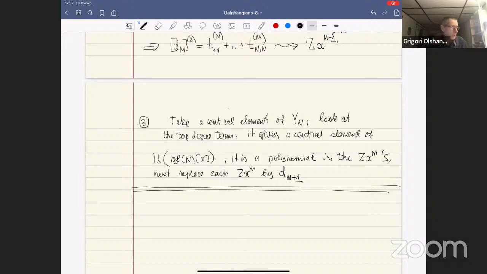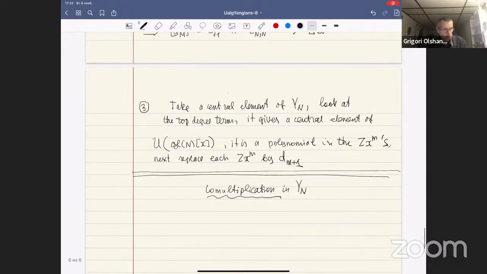Let me discuss now the coproduct, co-multiplication. So what is co-multiplication? Why is it interesting? So assume first we have some semigroup.